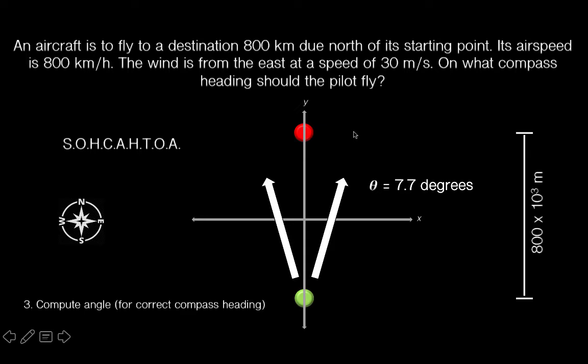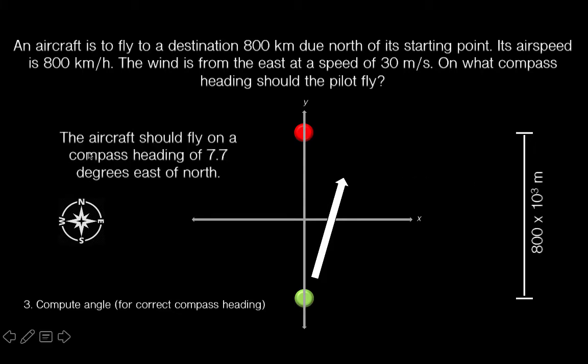To help compensate for the wind, which is coming in from the east, the pilot should fly in this direction, which is 7.7 degrees east of north. So the aircraft should fly on a compass heading 7.7 degrees east of north. If the pilot flies in this direction, the wind will blow it back into a straight path, leading it to the destination.